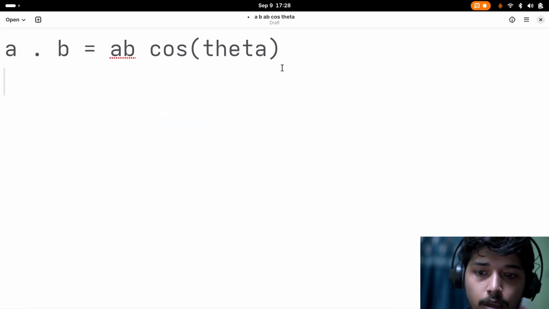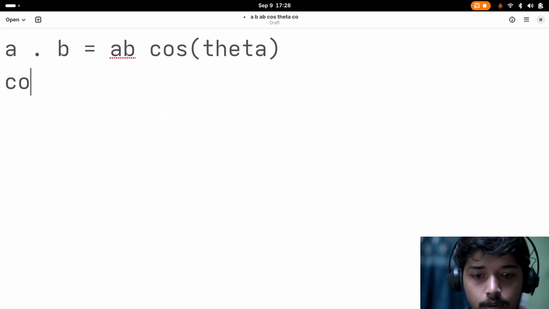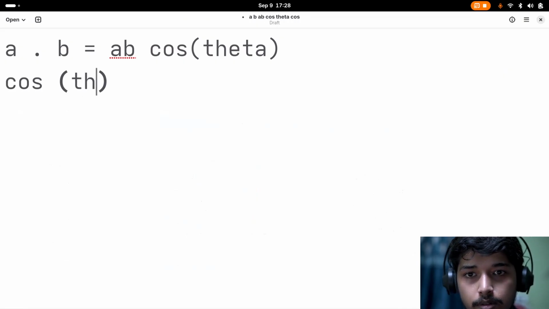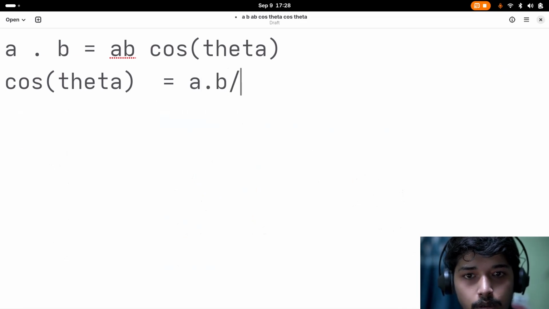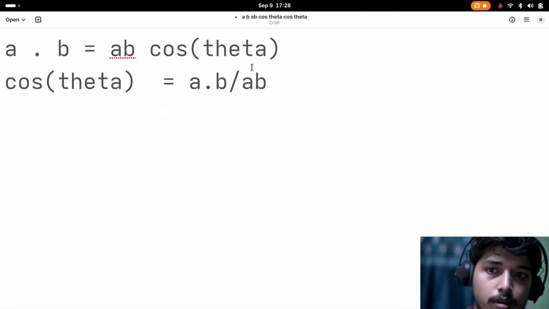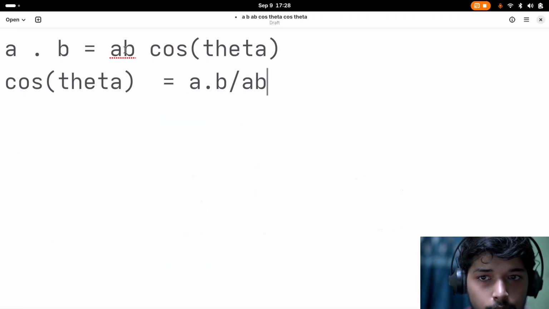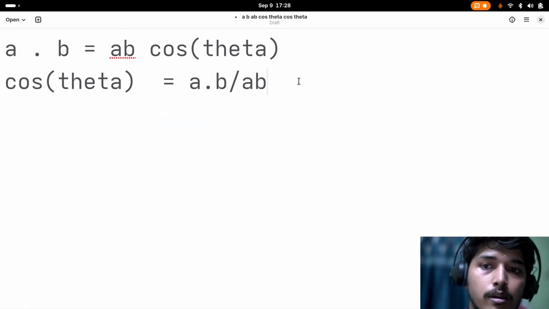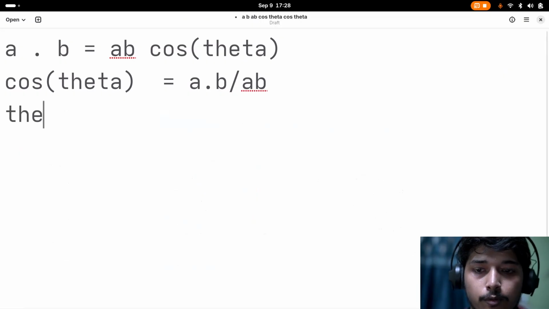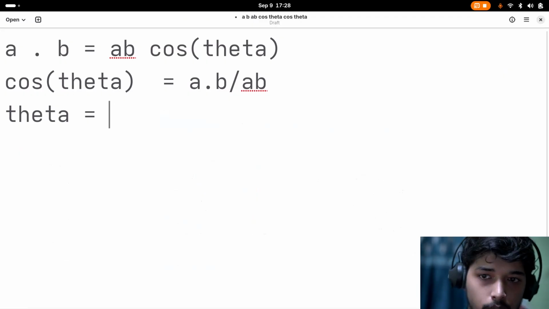If we want to find theta, firstly we will write cos theta equal to A dot B divided by AB, right? Just remember these two are the modulus of individual A and the modulus of individual B. Now if you want to find theta, you just put the cos on the other side, which becomes cos inverse, right?